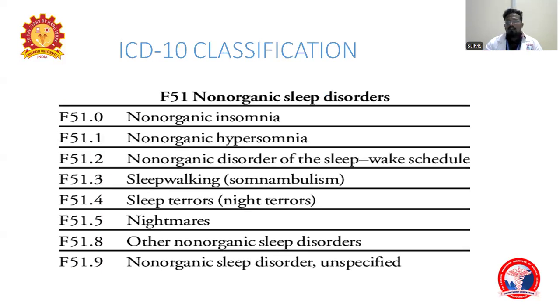Based on the ICD classification, there are non-organic sleep disorders and organic sleep disorders. Non-organic sleep disorders in ICD-10 are classified under F51.0, that is non-organic insomnia, F51.1 is non-organic hypersomnia, F51.2 is non-organic disorder of the sleep-wake schedule, F51.3 is sleepwalking, that is somnambulism, and F51.4 is sleep terrors, also known as night terrors.